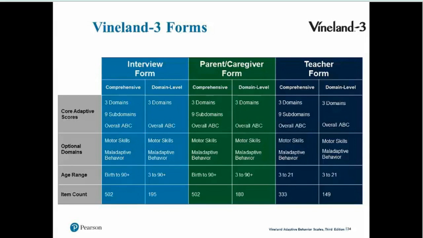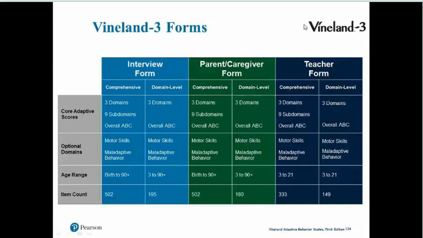It has a lower floor and starts at a lower developmental level. It will also allow you in your scoring to get age equivalent scores down to 1 month of age. If you use the domain level form, the age equivalent scores that you can get will only go down to 3.